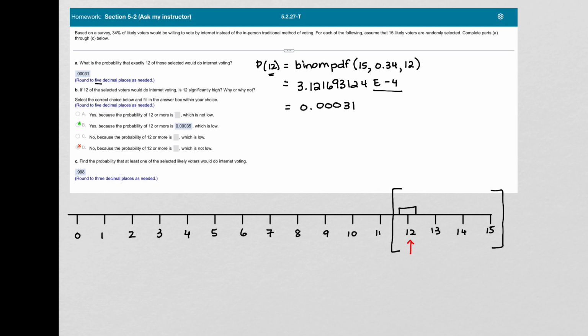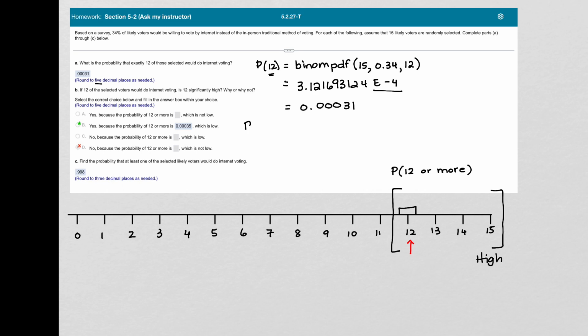So what I'm calculating here is the probability of 12 or more successes. So that's different from 12 specifically. We want 12 or 13 or 14 or 15. And so because we're on the high end of the number line here, that's what would indicate that that was a significantly high number of successes.